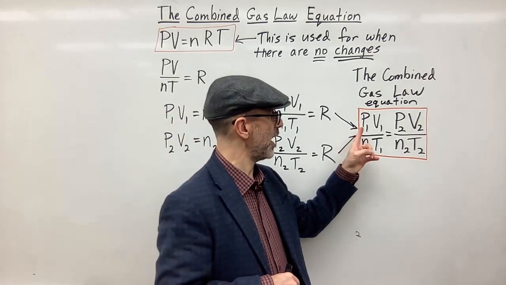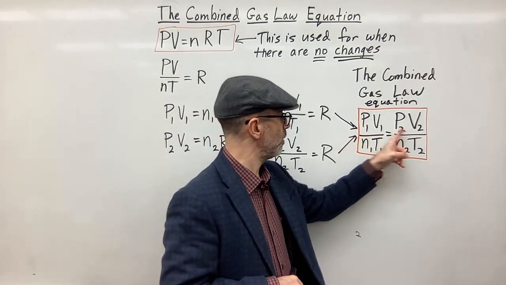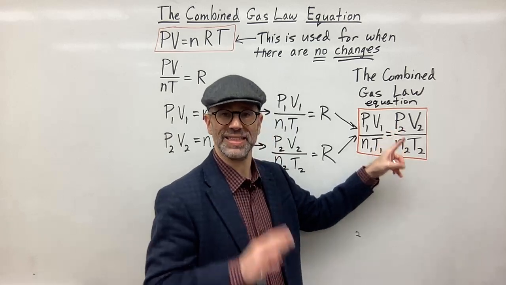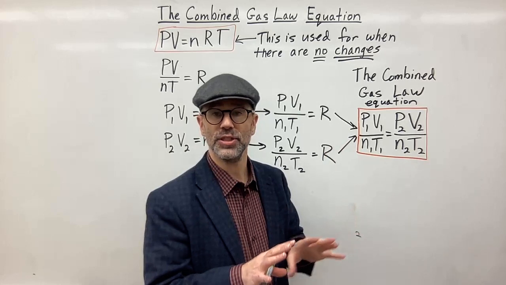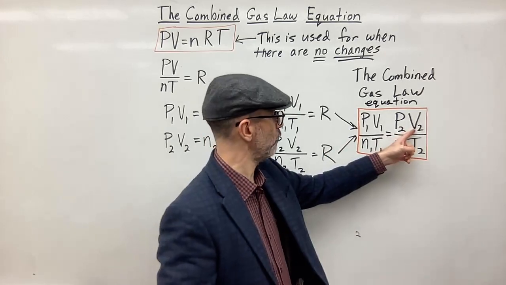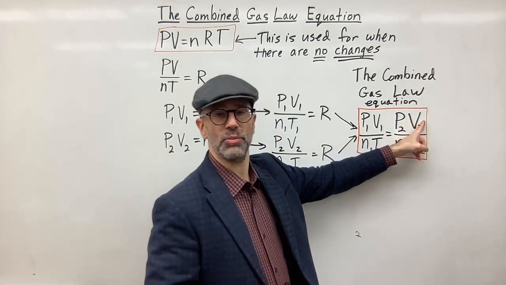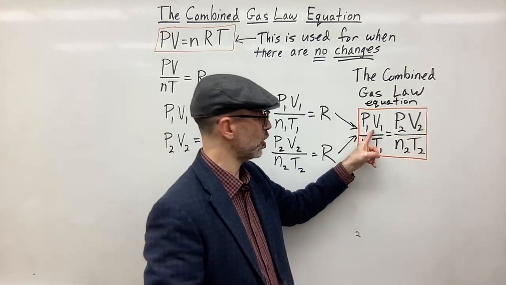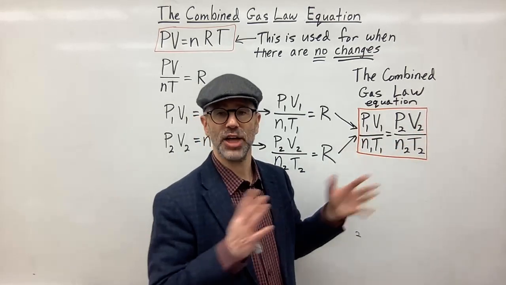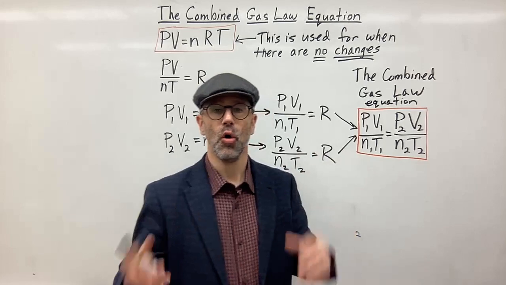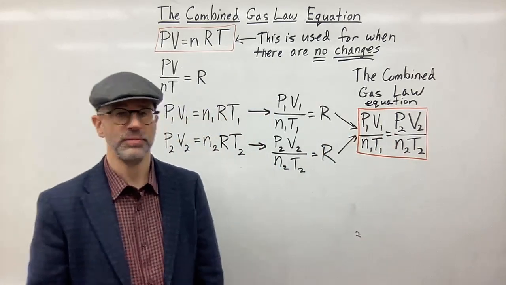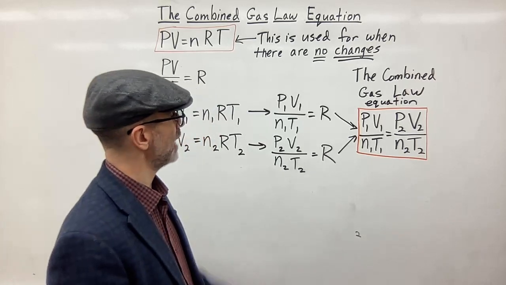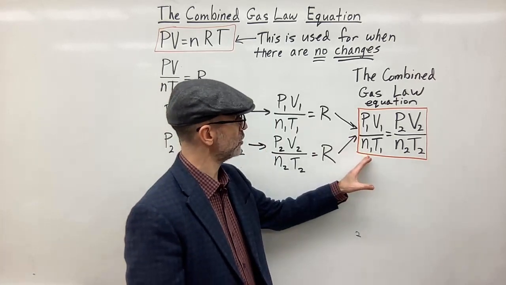Just make sure that both pressures they give you are in the same units. If they're not, you've got to convert them into the same unit. Okay, same thing for volume. If one volume is given in liters and the other in milliliters, you've got to change them to both milliliters or both liters. That's the only thing you need to worry about. And so that's the combined gas law equation.